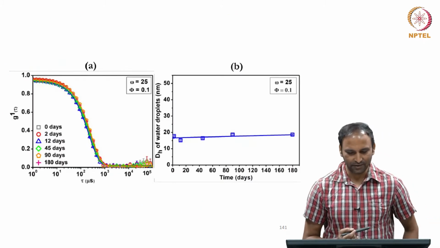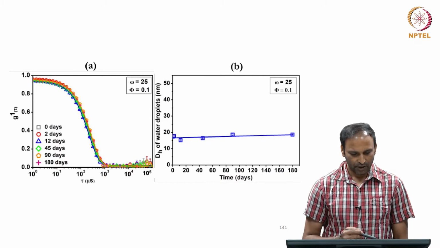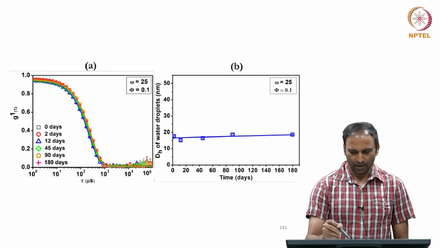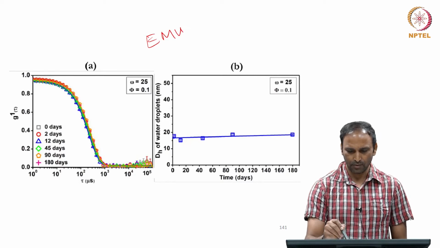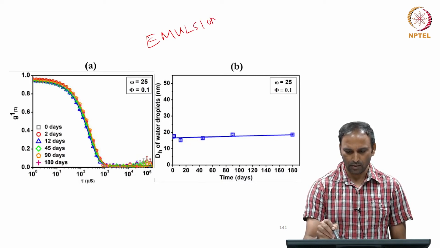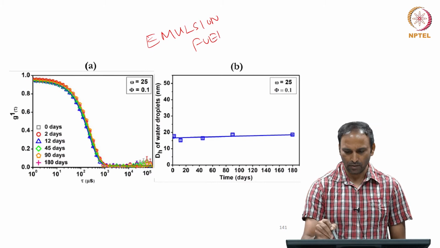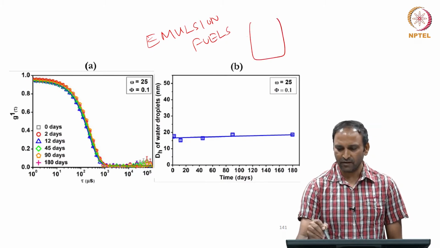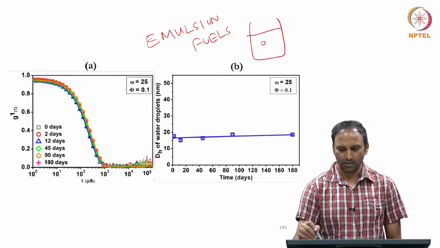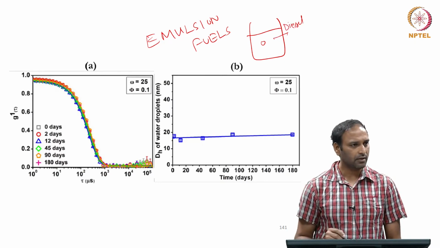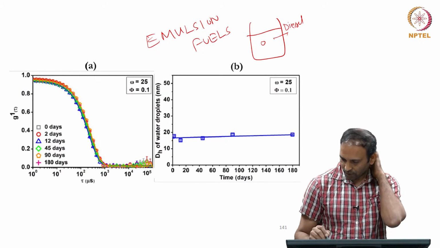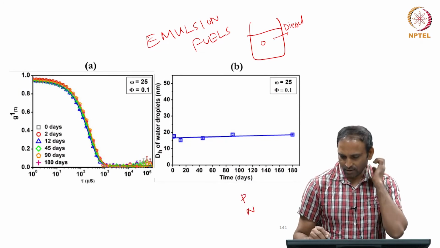So, this is some data where we were trying to look at what are called emulsion fuels. These have very tiny water droplets in diesel. This is work done in our lab with Preetika and Niket.